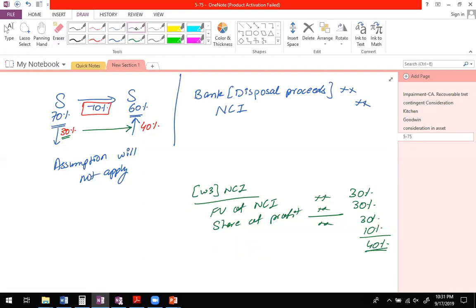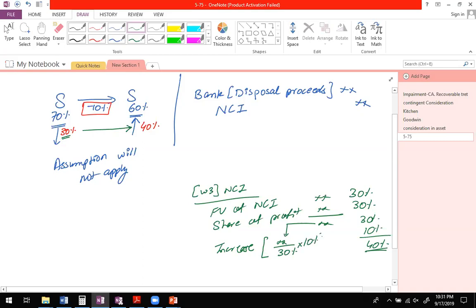Acquisition may actually confuse you. So the NCI is going to be increased by this value divided by 30% multiplied by 10%, which will give us the value by which the NCI should be increased.